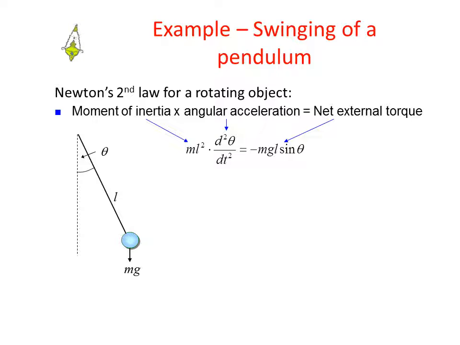The moment of inertia is equal to m L squared, and the angular acceleration is d squared theta over dt squared, which is equal to the net external torque, the torque generated outside to move the object outside the circle, that is the external torque, which is defined as minus m g L sine theta.